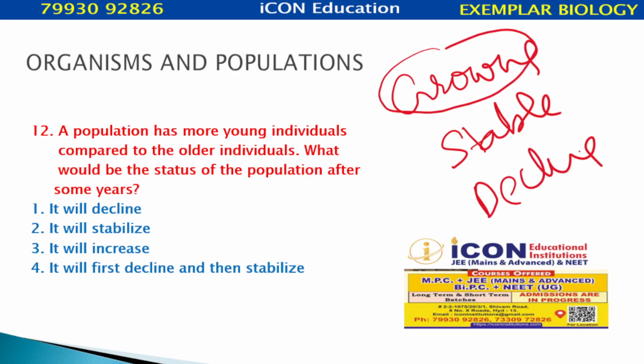What can be expected in future? It will decline, it will stabilize, it will increase, it will first decline then stabilize. A growing population has all the possibilities to increase in future times. A growing population all the time has the possibility of increase.